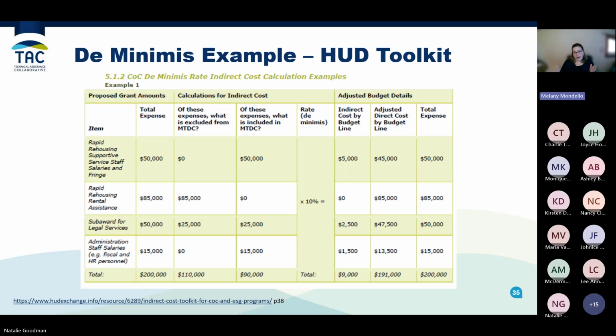So this is just one example. I will say, I don't want to mislead you, the examples that HUD gives for the administration staff salaries, it is not typical for your HR and your fiscal staff to be in the project administrative budget line item. This is a toolkit beyond the CoC program.